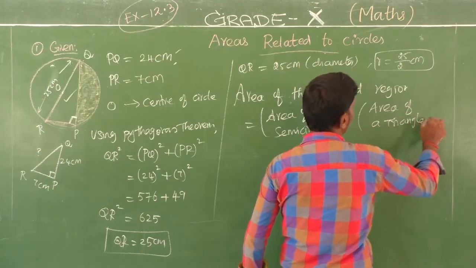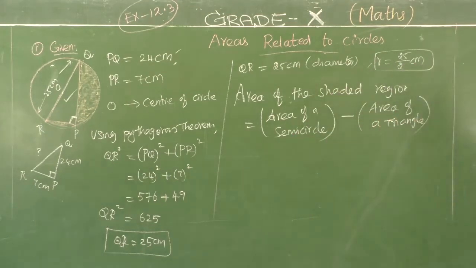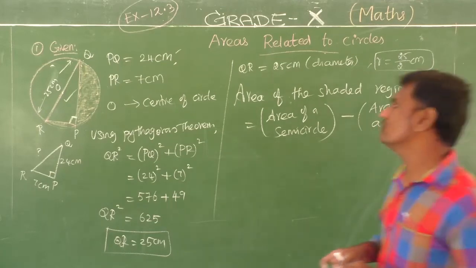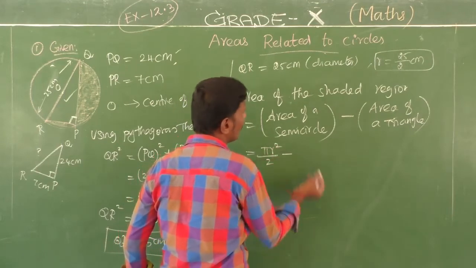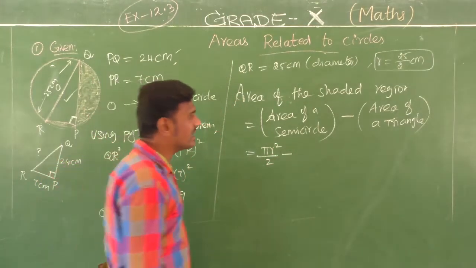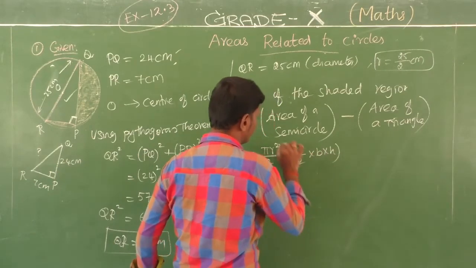Do you know the formula for the area of a semicircle? Pi r square by 2. And what is the area of a triangle? Half into base into height. So first you have to write the formula: pi r square by 2 minus area of a triangle, which is half into base into height.